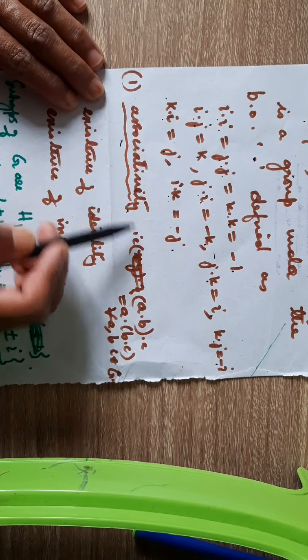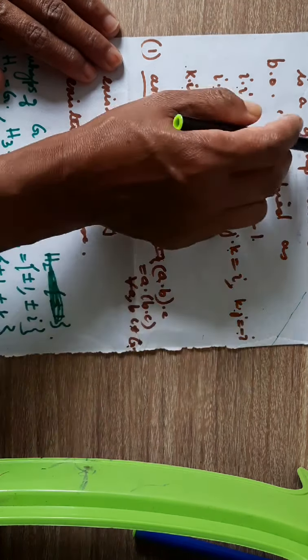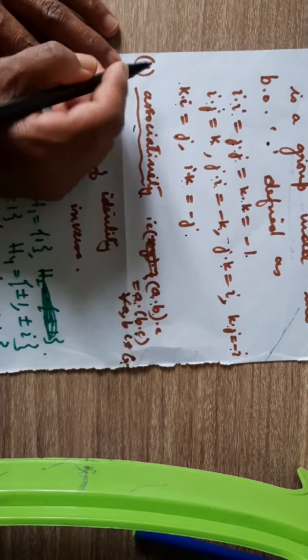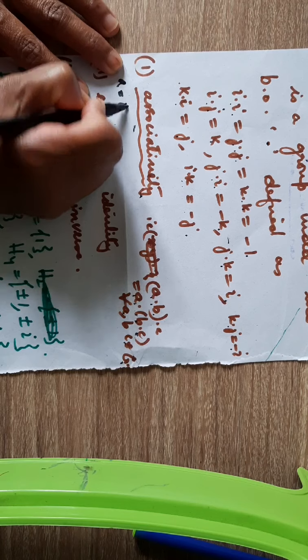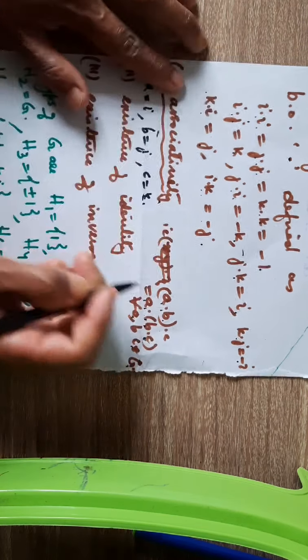Now associativity will be satisfied, because for every a, b, c belonging to G, (a dot b) dot c will be the same as a dot (b dot c). For example, you can take a to be i, b to be j, and c to be k.